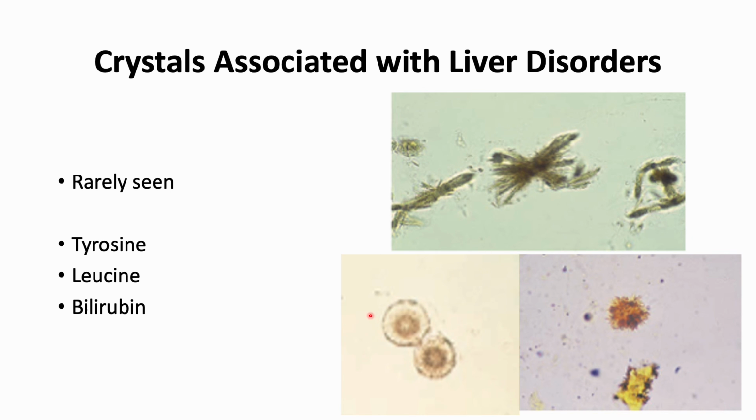Leucine crystals are yellow-brown spheres that demonstrate concentric circles and radial striations. Bilirubin crystals are clumped needles or granules with the characteristic yellow-brown color of bilirubin, often seen in hepatic disorders.